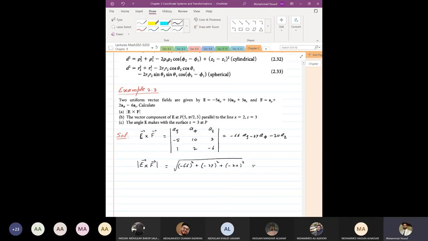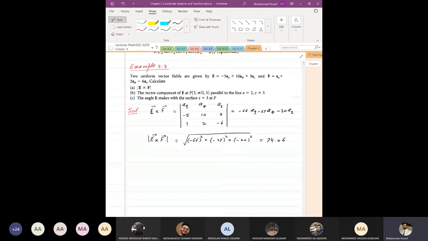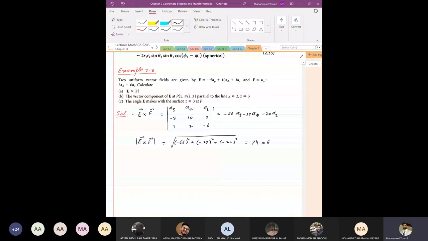You can use your calculator and calculate this number. Very, very easy. So we can say this is part A. Now let us do part B.